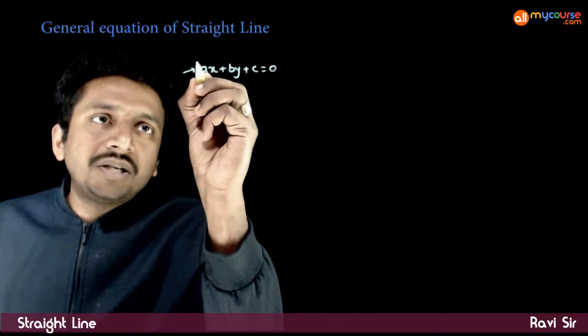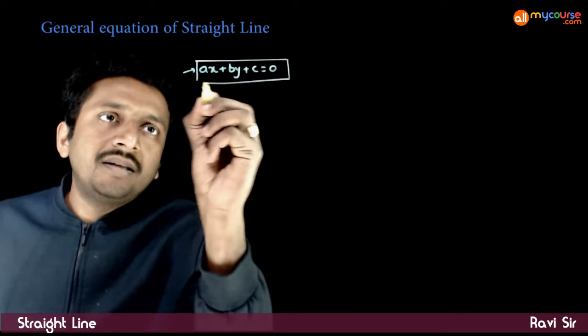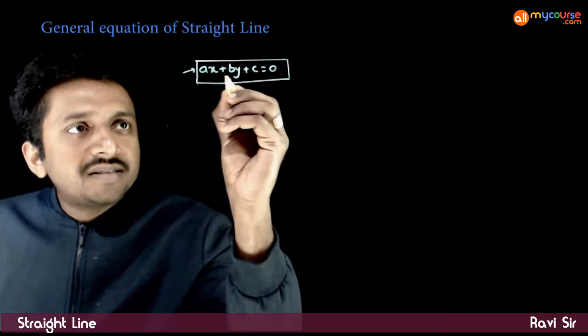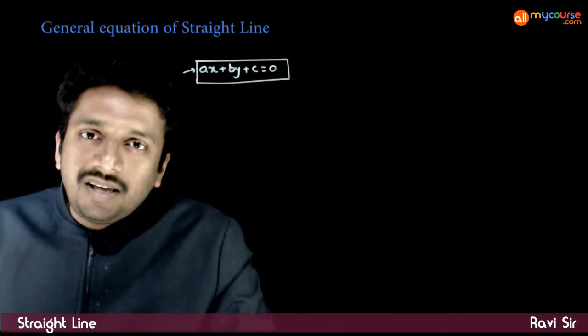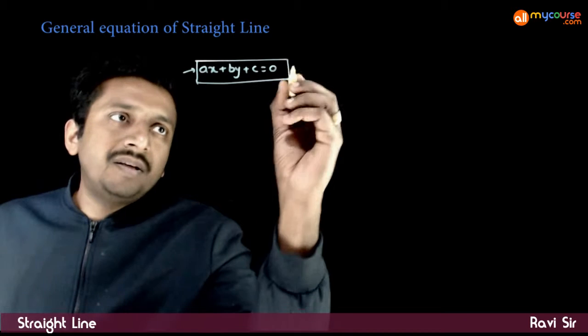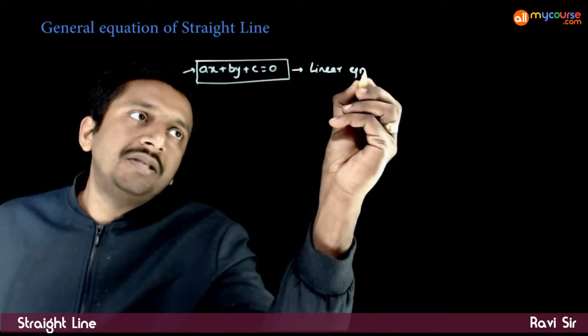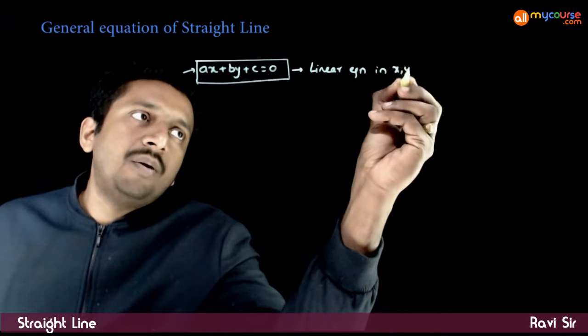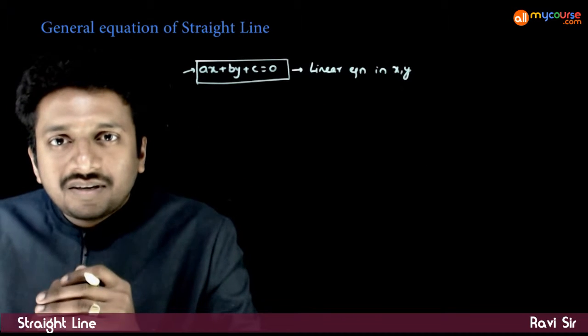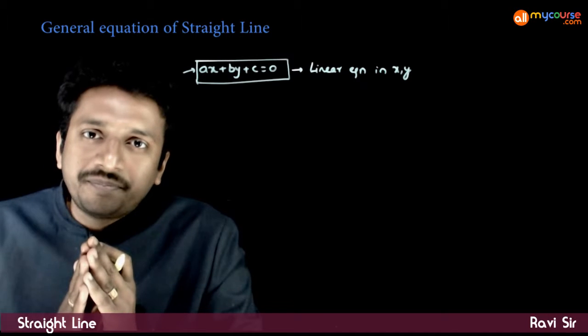So the general equation of a straight line looks like ax plus by plus c is equal to 0. It is a linear equation in x comma y, and it represents a straight line in the xy plane.